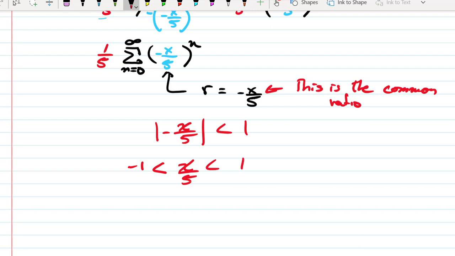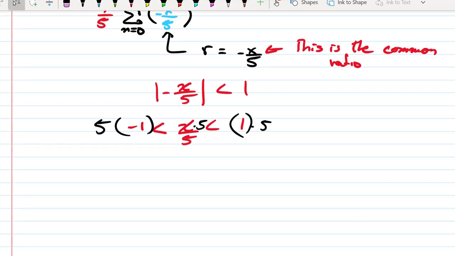And if we multiply everything by 5 to clear our fractions, we then get negative 5 is less than x is less than 5. So that would be our interval of convergence, from negative 5 to 5.